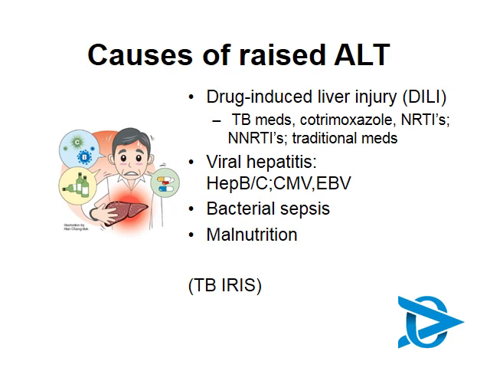And then I've put TB IRIS in brackets there because although TB IRIS is a common phenomenon in our HIV children, first it usually increases the alk phosphatase and the gamma GT, and only much later might we see an increase in the ALT. So it's a bit lower down in our differential.